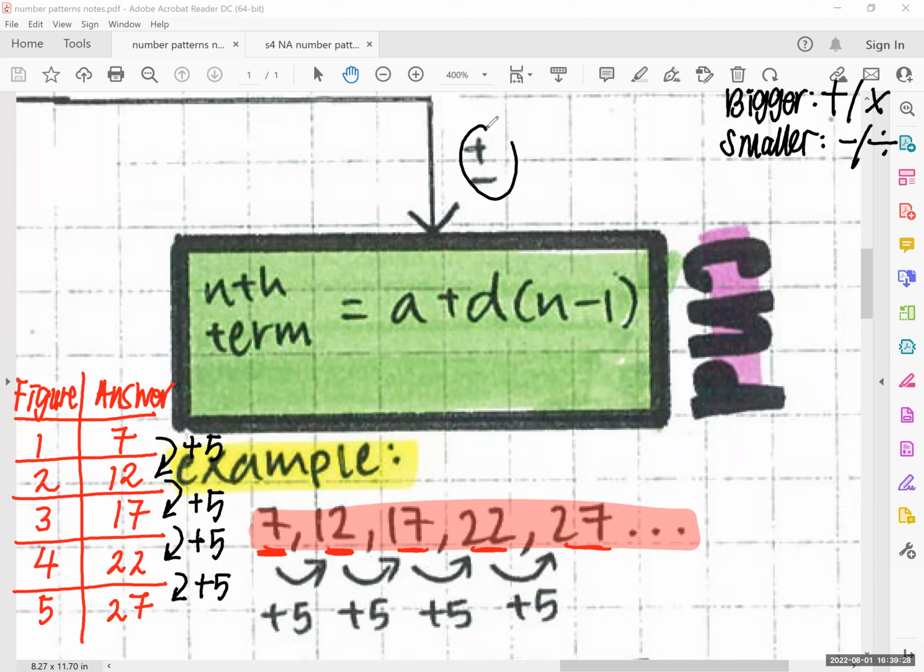That's why I say plus or minus. The constant difference can be plus 5, or minus 5, or plus 2, or minus 2. These are all called constant difference. I put it in blue color, so this is my constant difference.